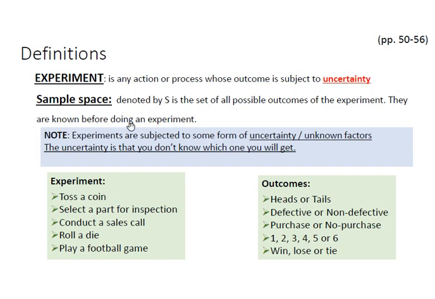They are known before doing an experiment. For example, in playing a football game, we all know that the outcome is win, lose, or tie. But before the match finishes, we don't know in advance what the result is.